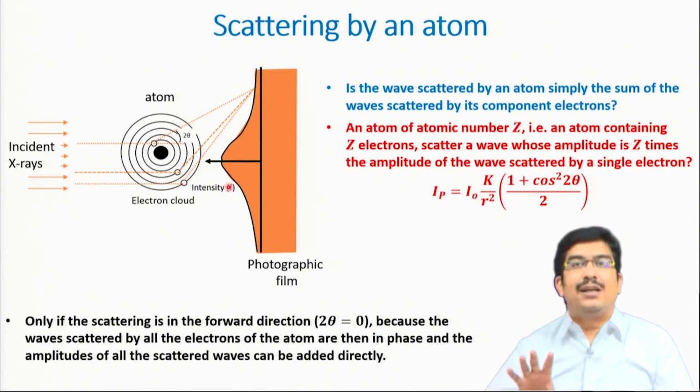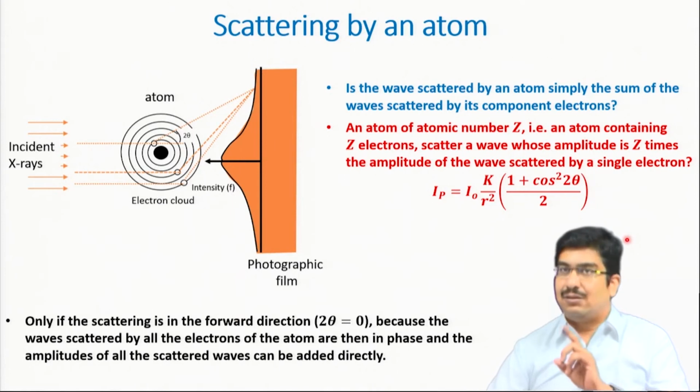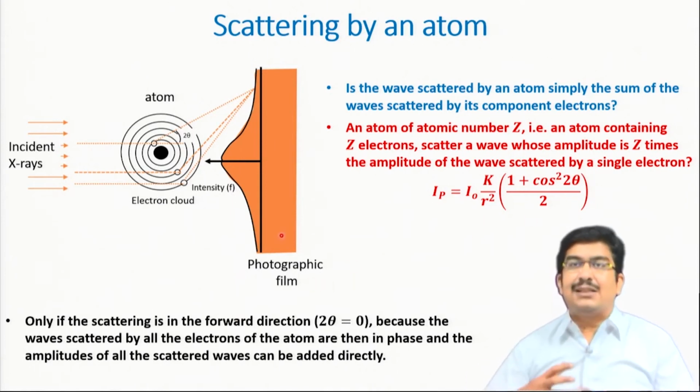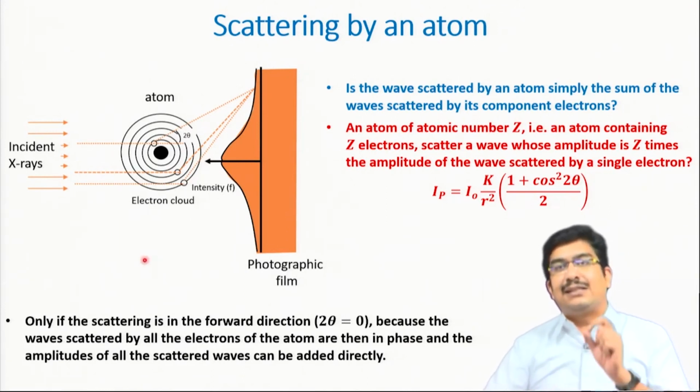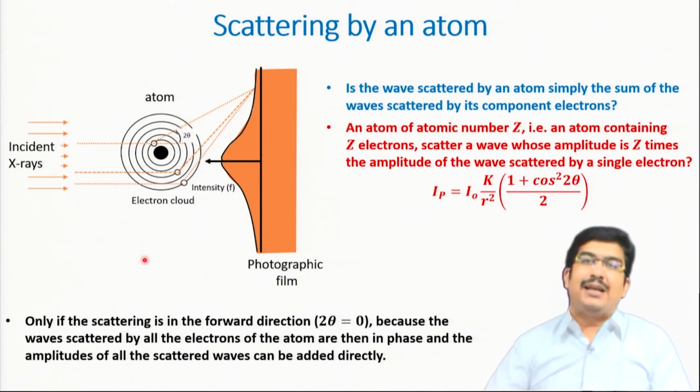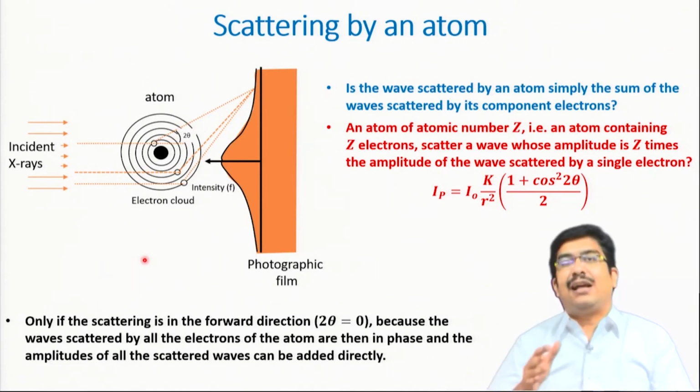Phase will not be important there; that phase relationship term will come as simply unity. Because all of these beams in the forward direction are in phase, we can simply add their amplitudes, and that will finally give their intensity in the forward direction.